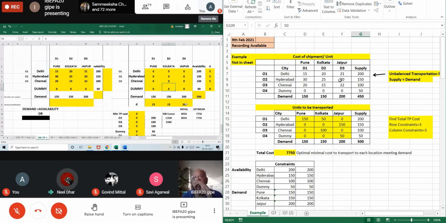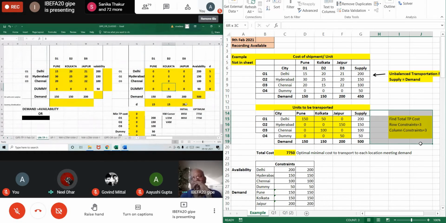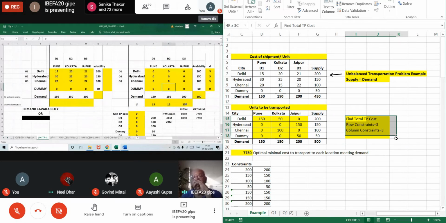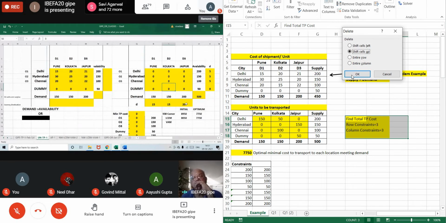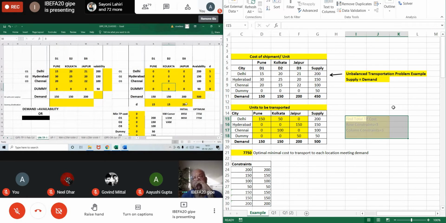So we should go for the highest value and not the lowest. Okay. Now, what is the minimum total transportation cost?